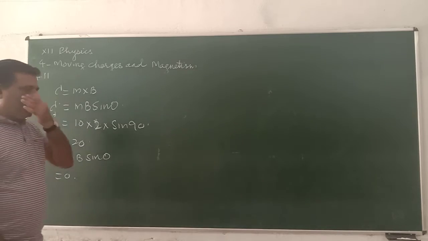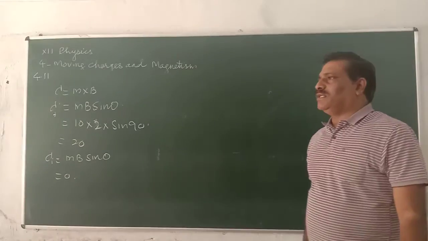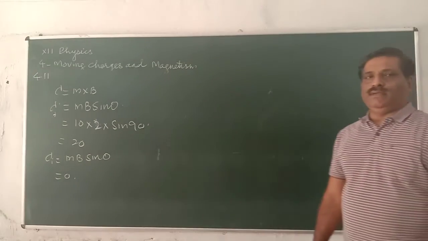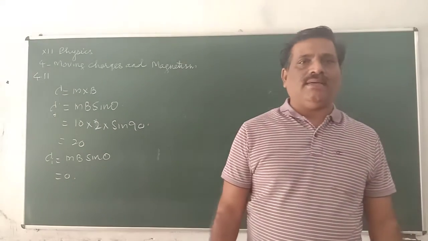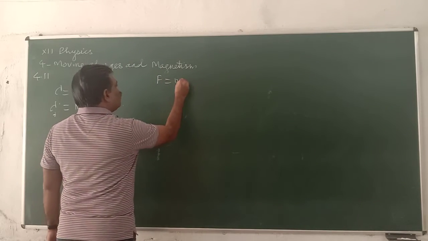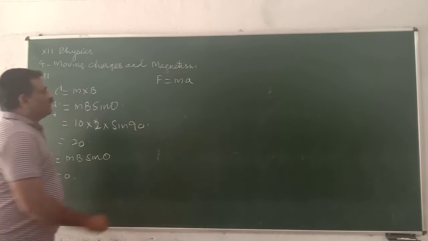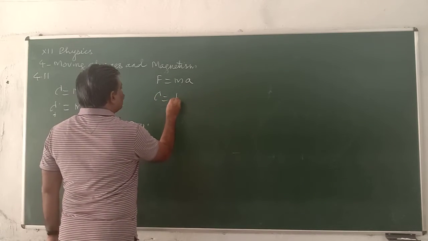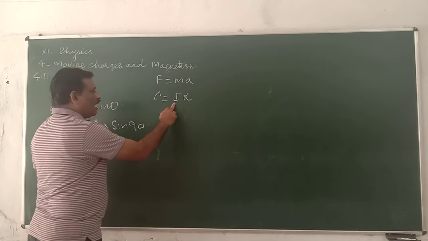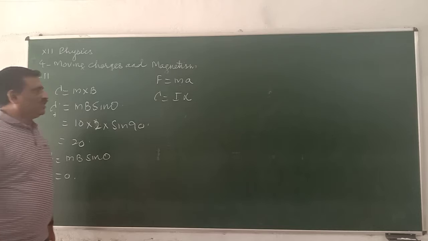Next is very important. In this one, angular speed is asked. How to calculate angular speed? For that, we have to use the 11th standard concept. We all know F is equal to m into a: force is equal to mass into acceleration. Similarly, torque is equal to I into alpha. I is moment of inertia, alpha is angular acceleration.